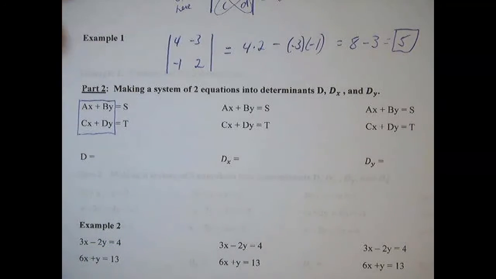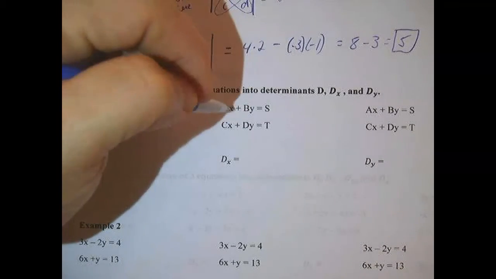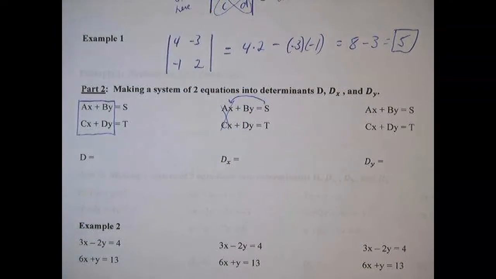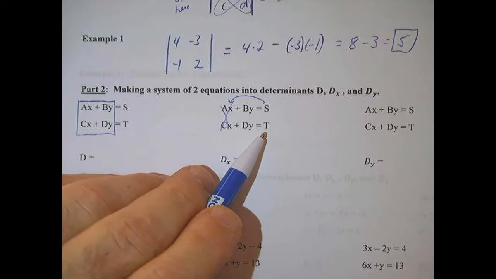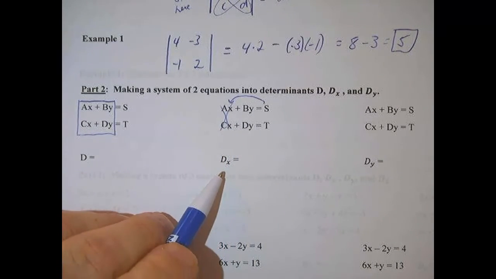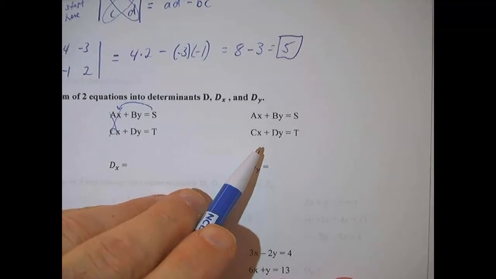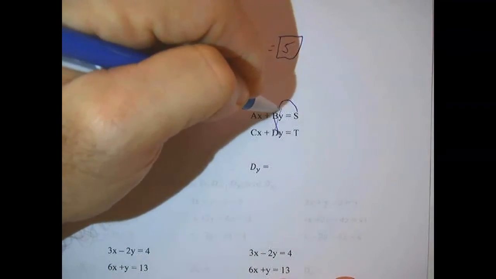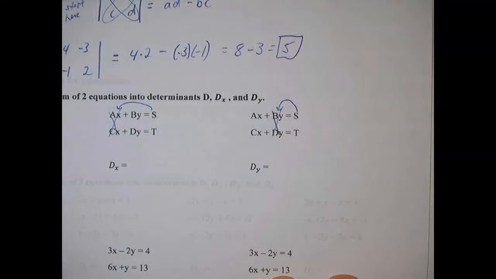Then for the next one, we cross out the x column and replace it with the solutions, s and t. That's going to be our Dx. And then, no surprise, our Dy will be to cross out the y column and replace it with the solutions, keeping the x coefficients.